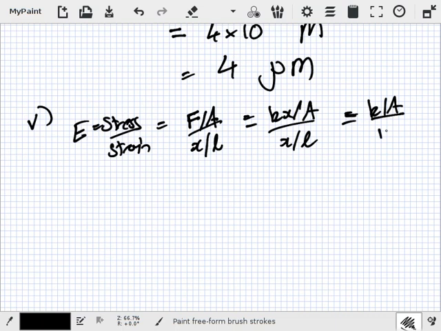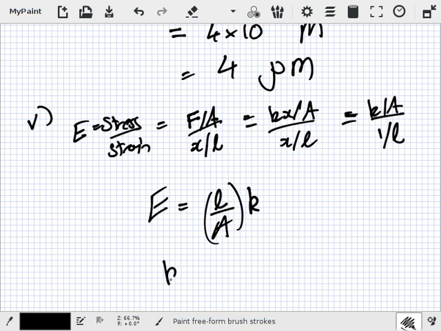So this should have been 1 over L. So then this is L over AK. Okay, so anyway, K equals A over L E.